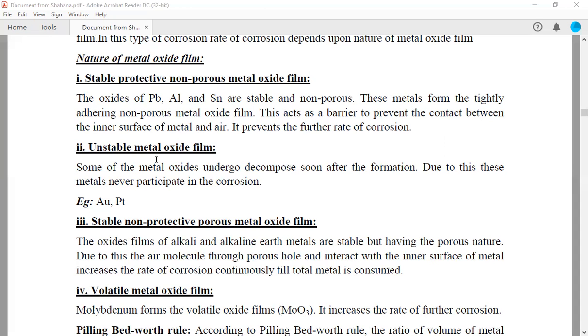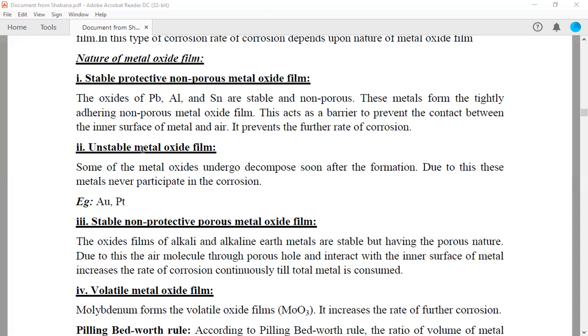The best examples are gold and platinum. The third type is the stable, non-protective, porous metal oxide film.